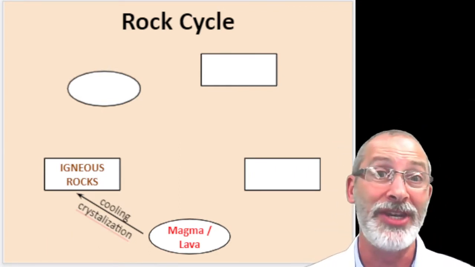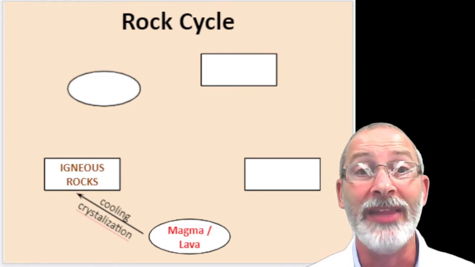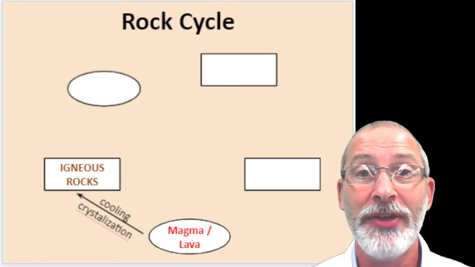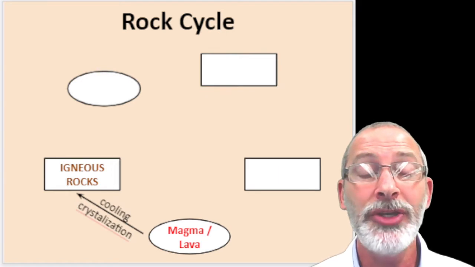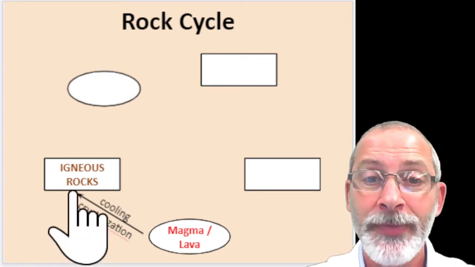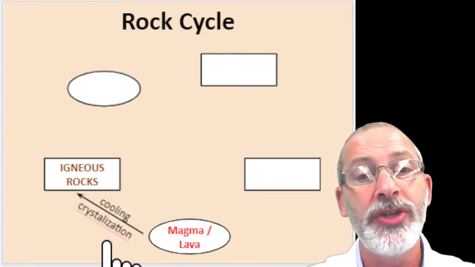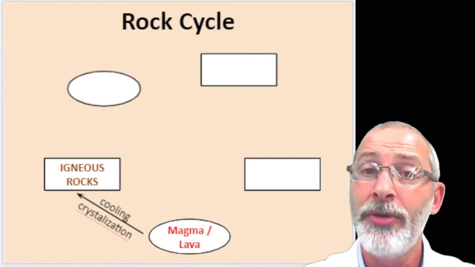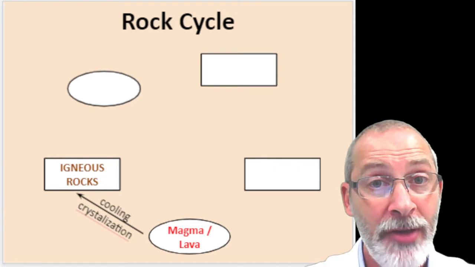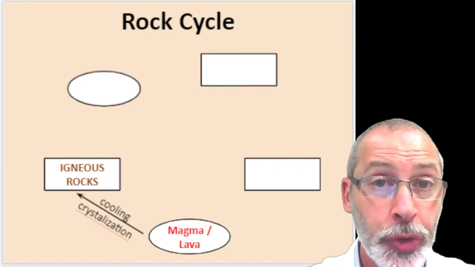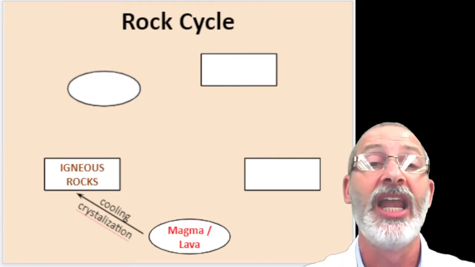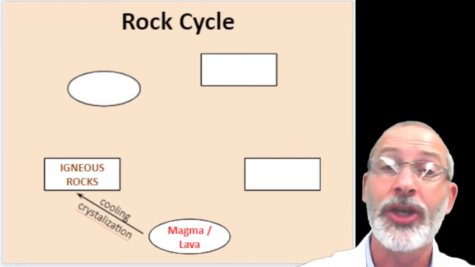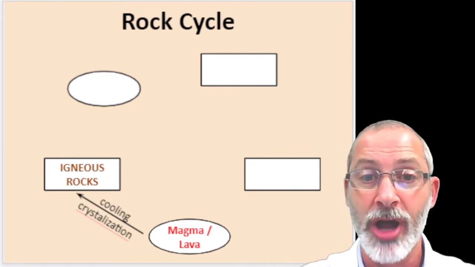Think about the definition of igneous rocks and the description from the previous video. So igneous rocks are formed from the cooling and crystallization of magma and lava. And remember, magma forms intrusive igneous rocks, lava forms extrusive igneous rocks.